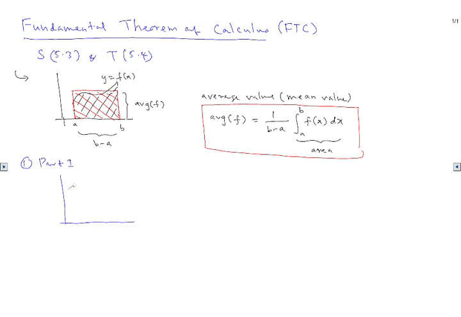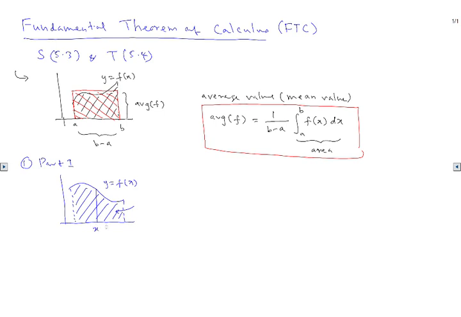We have a graph, which I'm going to call y equals f(x), and we're going to talk about the antiderivative of this function, which we just discussed in the previous section. This antiderivative gives you the area function.